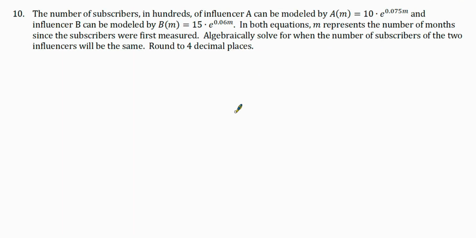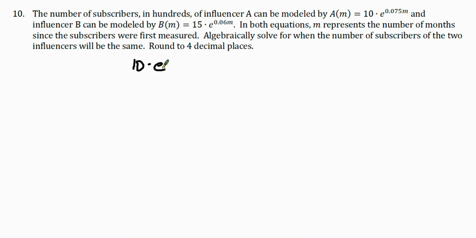On number 10, we have 2 different functions modeling influencer A's and influencer B's subscribers. We want to figure out at what point, or after how many months, they have the same number of subscribers. So I just want to set these 2 functions equal to each other.